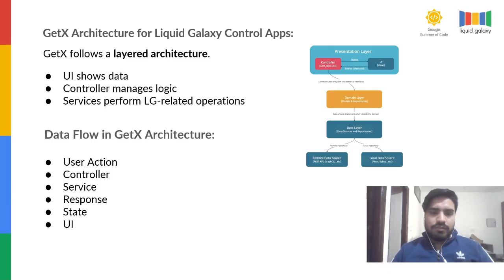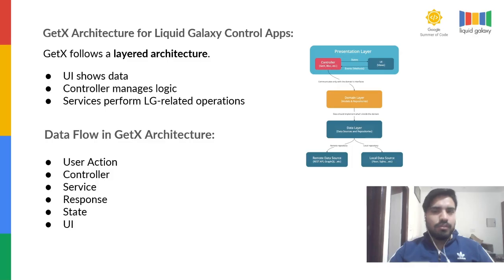And if that command returns any kind of result or status, it comes upward to the data layer, then the domain layer, then the controller, and displays that on the UI. So in this way the GetX architecture works. First is the controller, second is the services, and third is the UI binding.